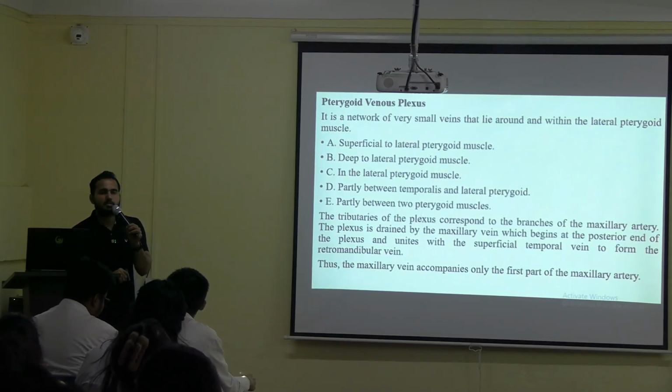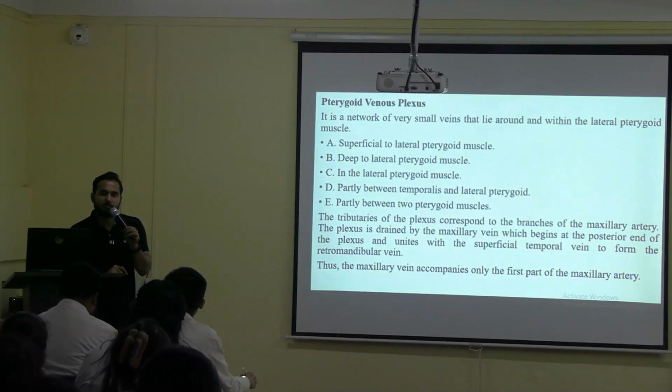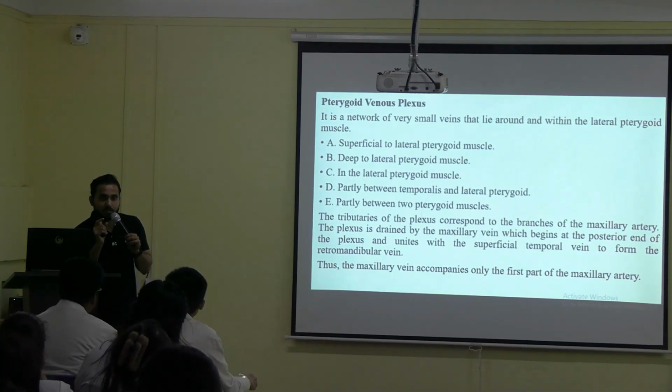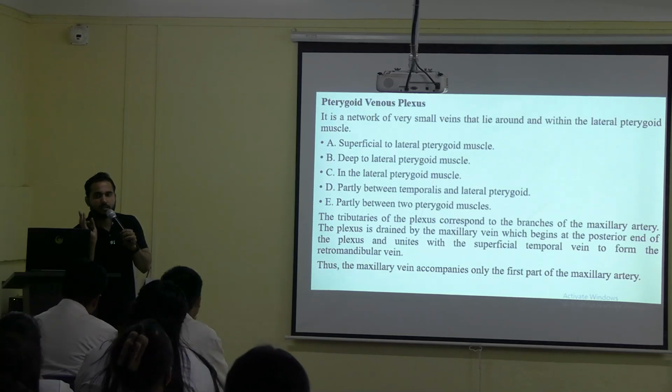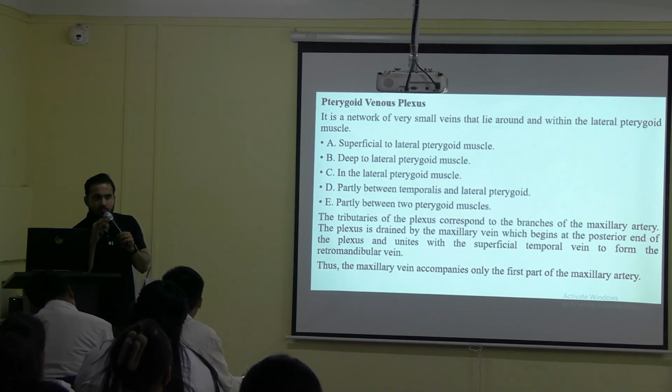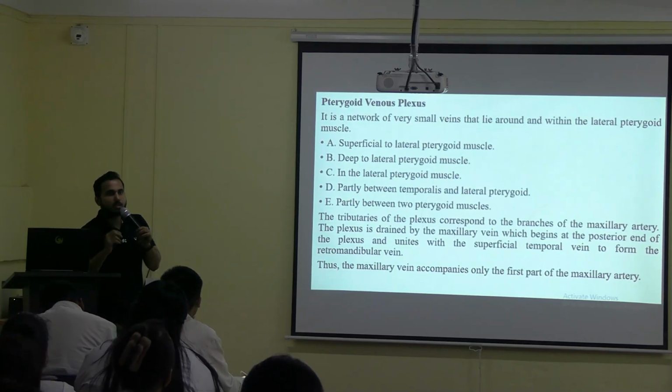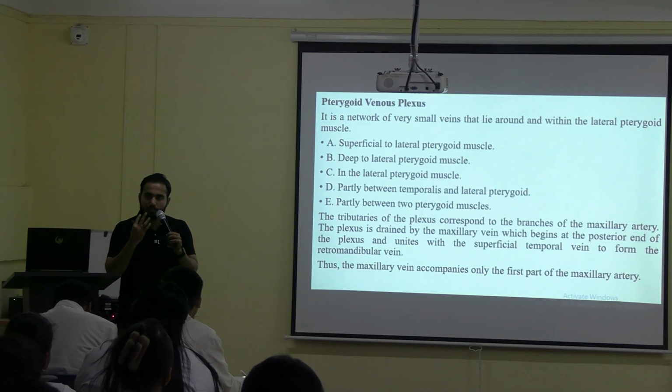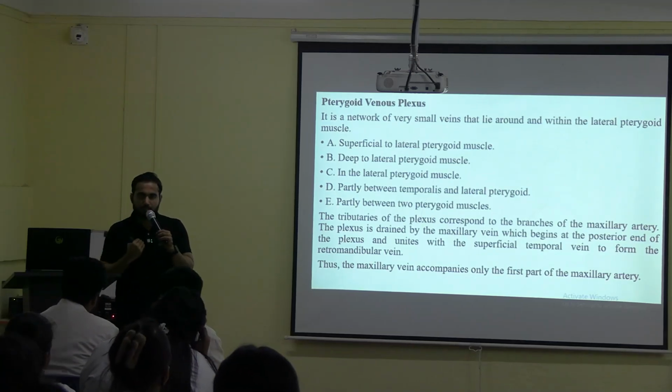So we have studied in the muscles of mastication, which muscle helps in the depression of the mandible? Lateral pterygoid muscle. And this pterygoid venous plexus is placed within the lateral pterygoid muscle. Okay, there are some variations, but mostly it is present within the lateral pterygoid muscle. So whenever you are yawning, whenever you are opening your mouth, your mandible is depressed.